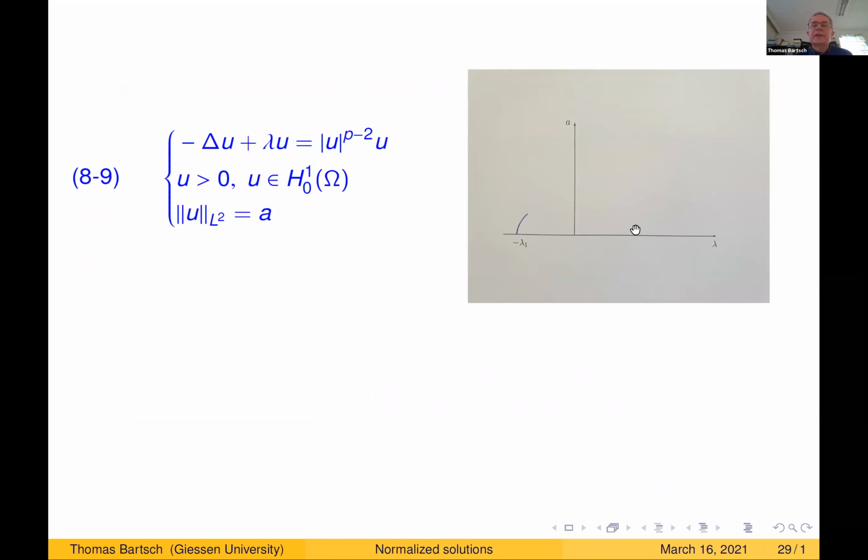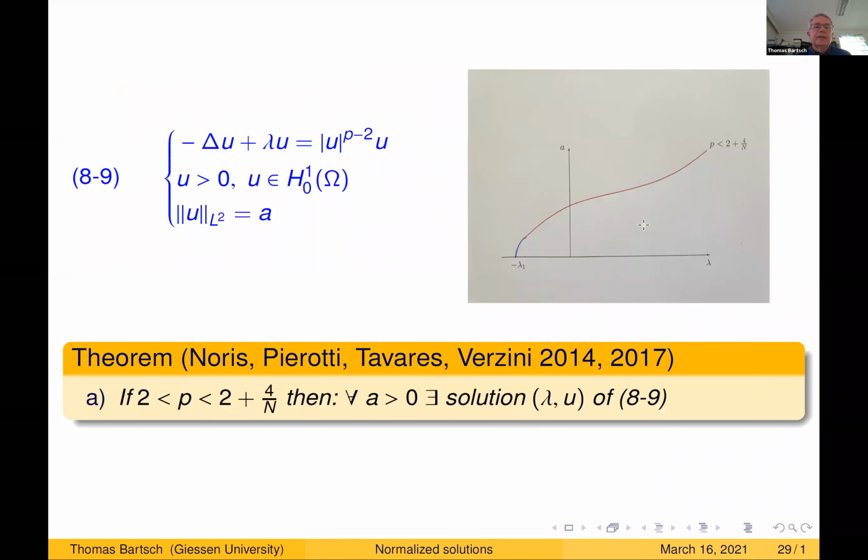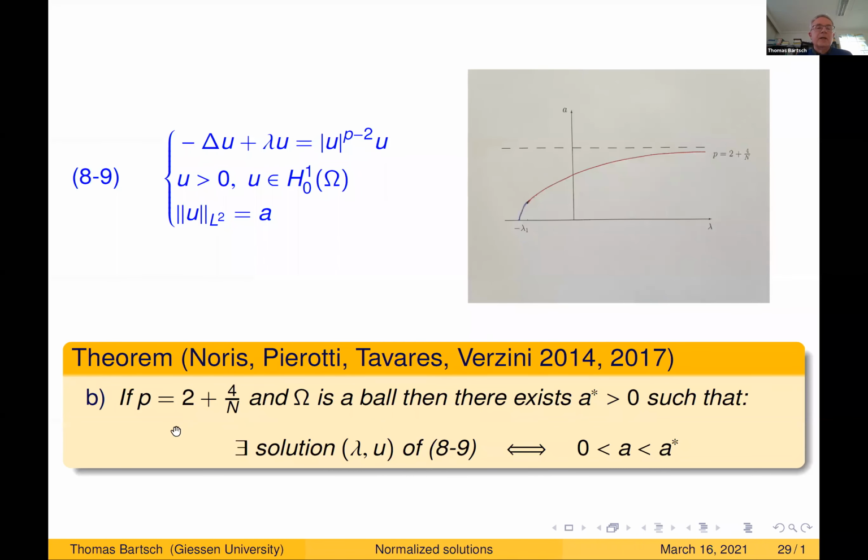Here's the bifurcation scenario. I'd like to mention a nice result by Benedetta Noris, Pierotti, a group of four, Pierotti, Tavares, and Verzini, in two papers, who considered this problem on a bounded domain, in particular for the ball. And again, distinguishing between the cases: in the mass subcritical case, you see this scheme here, one has a solution for all a, and you can minimize.